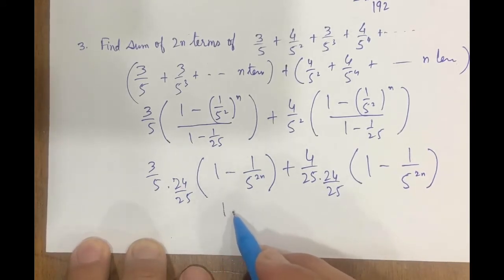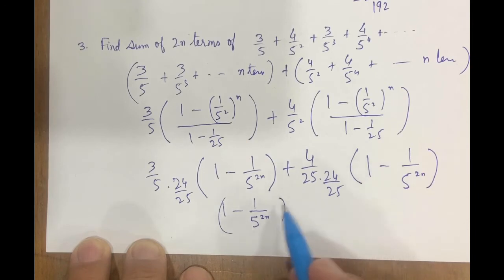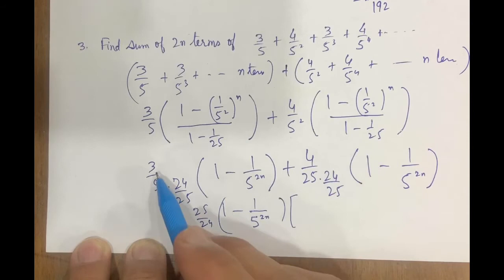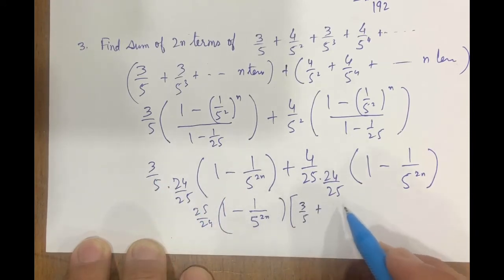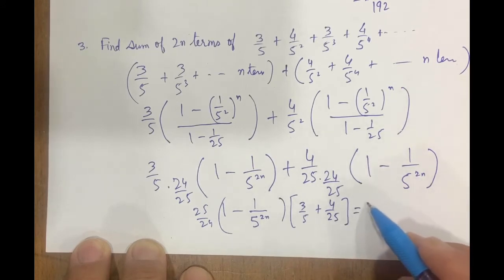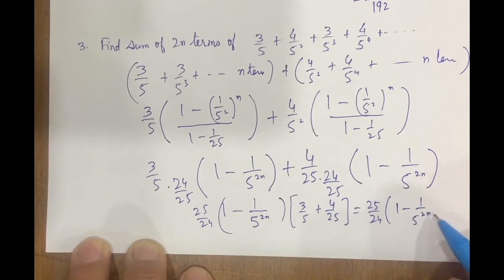We can take 1 minus 1 by 5 raised to 2n common, and also this 25 by 24. So inside we will have 3 by 5 plus 4 by 25, with LCM 25, and this will be 15 plus 4, 19, and 25 will cancel out.